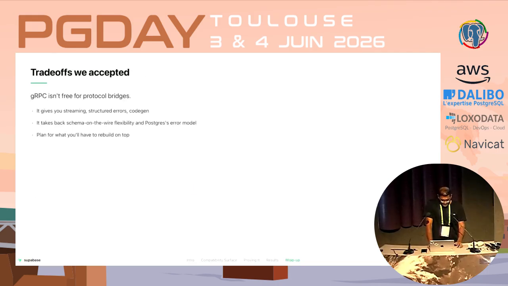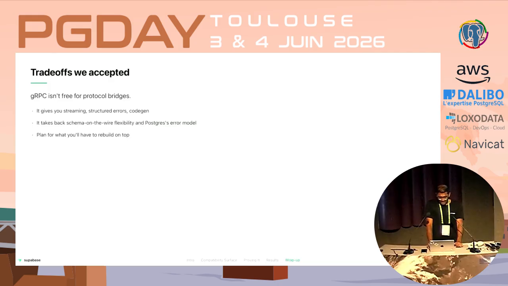So the trade-offs. I don't want to tell you that everything works out of the box, because everything has some trade-offs. Choosing gRPC as a protocol between our two services brought us a lot: real streaming, structured and typed errors, generated client code, a transport everyone understands. But it also took away a few things.